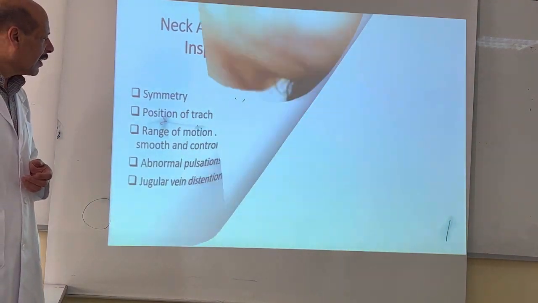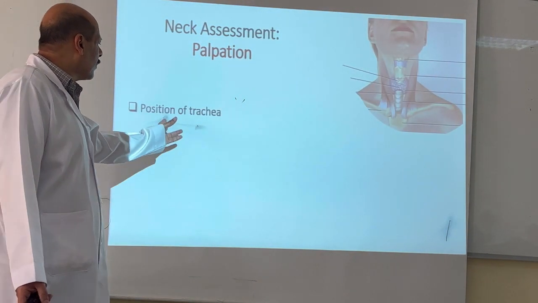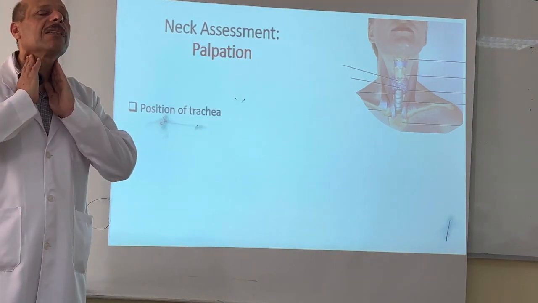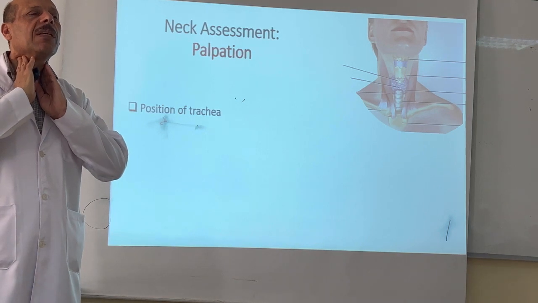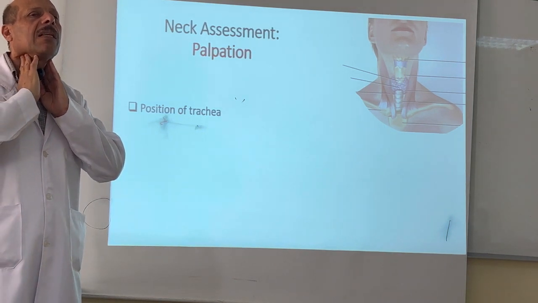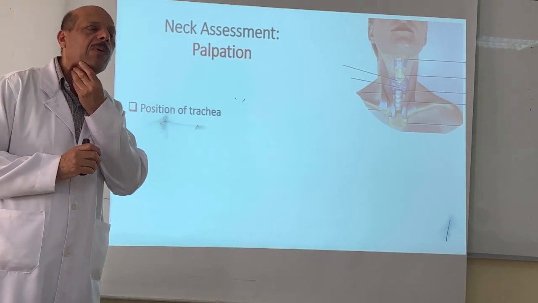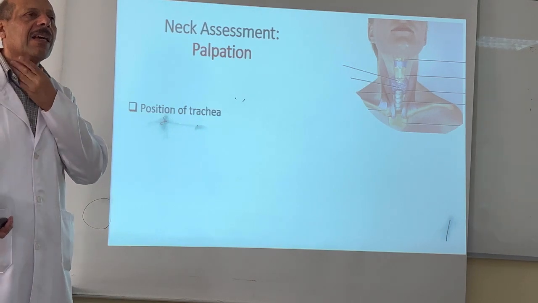Jugular vein distension. Neck palpation: we see the position of the trachea from both sides. The position of the trachea should be in the middle. Also, there are no nodules; we only feel the thyroid gland here and the trachea in the middle.